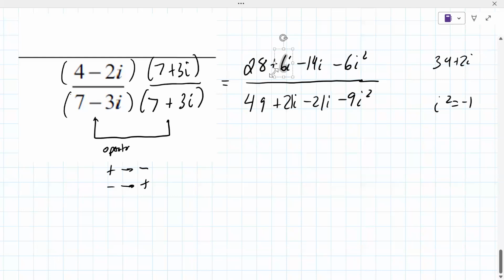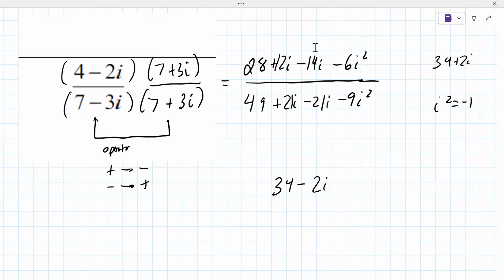It's 4 times 3 is 12i. So the top becomes 34 minus 2i, because you've got positive 12 and negative 14. Oh yeah, it is -2.